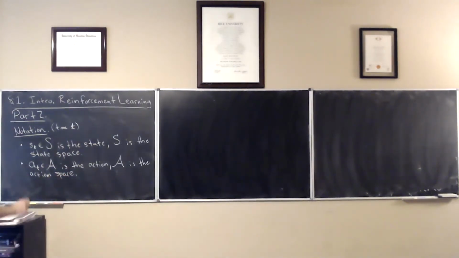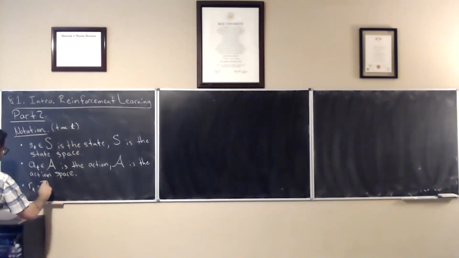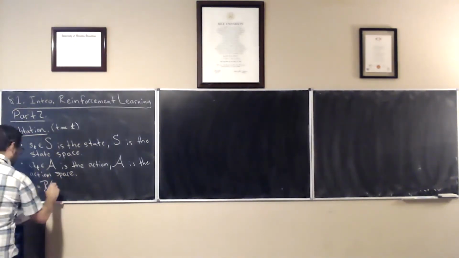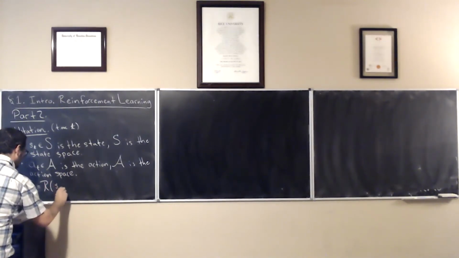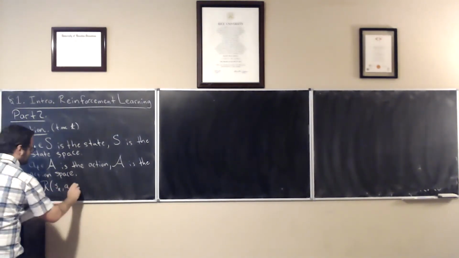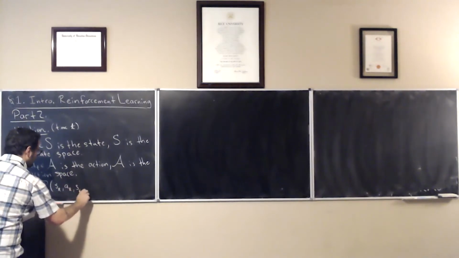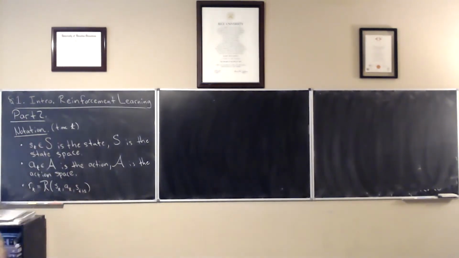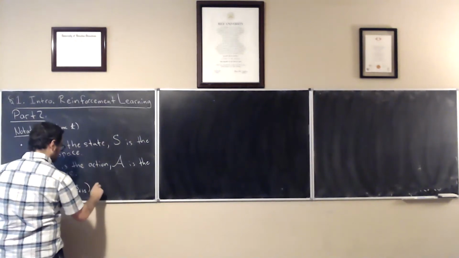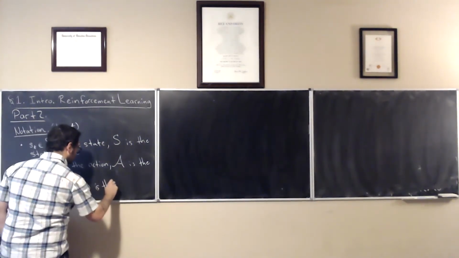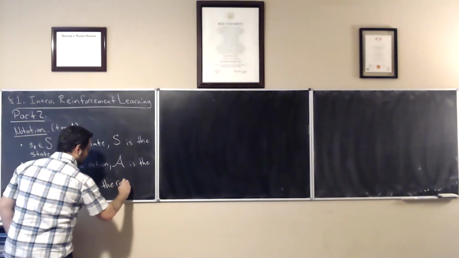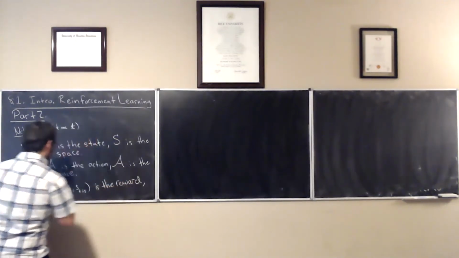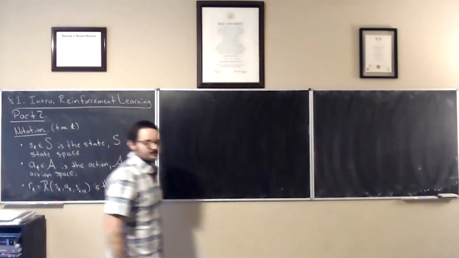Okay, and then finally, R_t, which is equal to script R of s_t, a_t, and then the next state. This is the reward. And that script R is called the reward function.